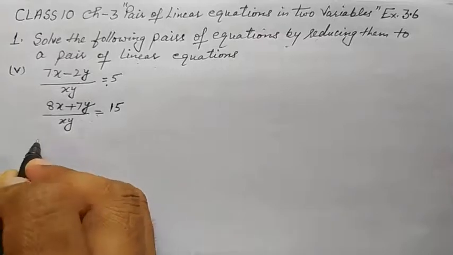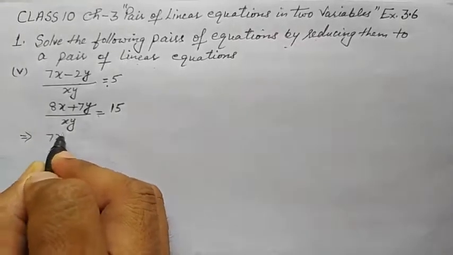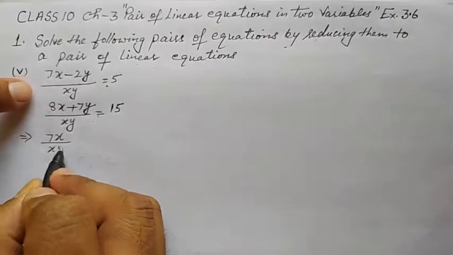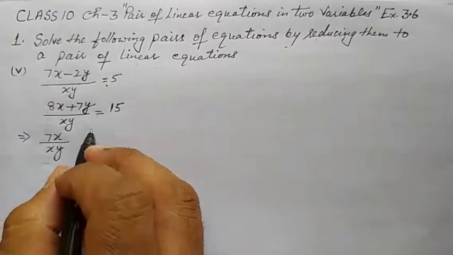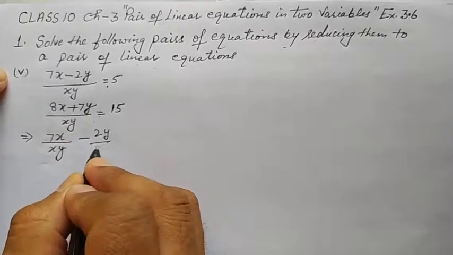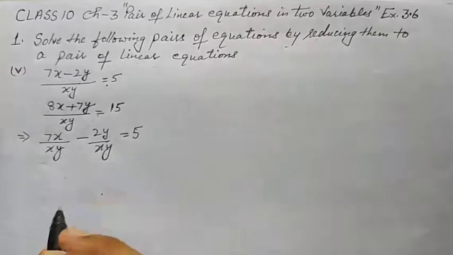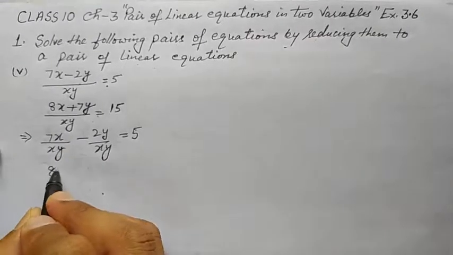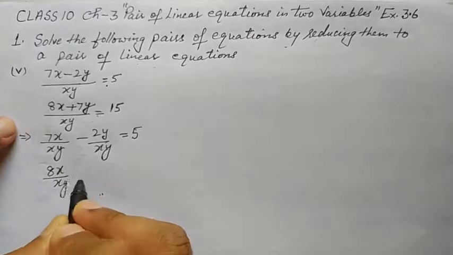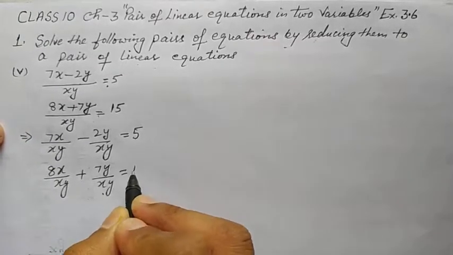So let's start. The first equation becomes 7x over xy, we'll divide both numerators by the same denominator, minus 2y over xy is equal to 5. Next is 8x over xy plus 7y over xy is equal to 15.